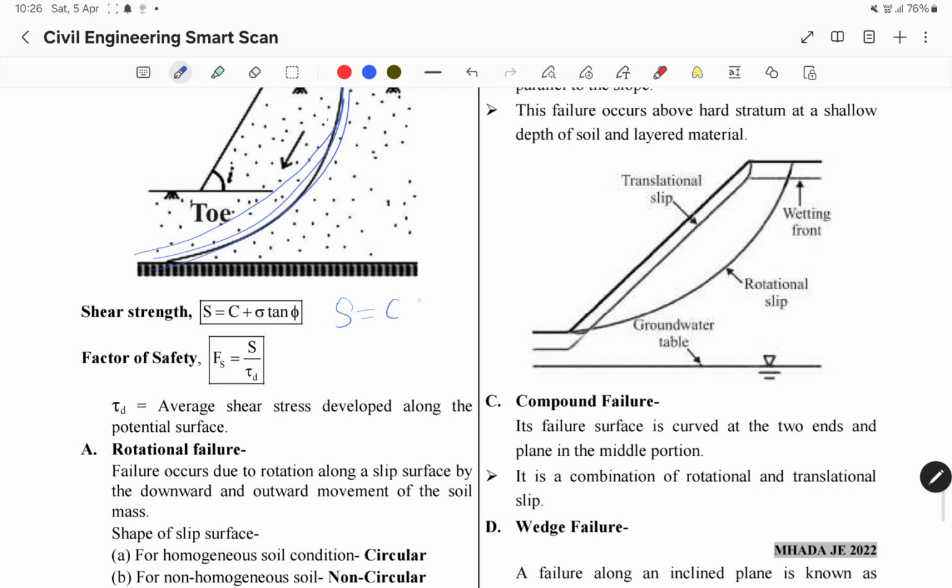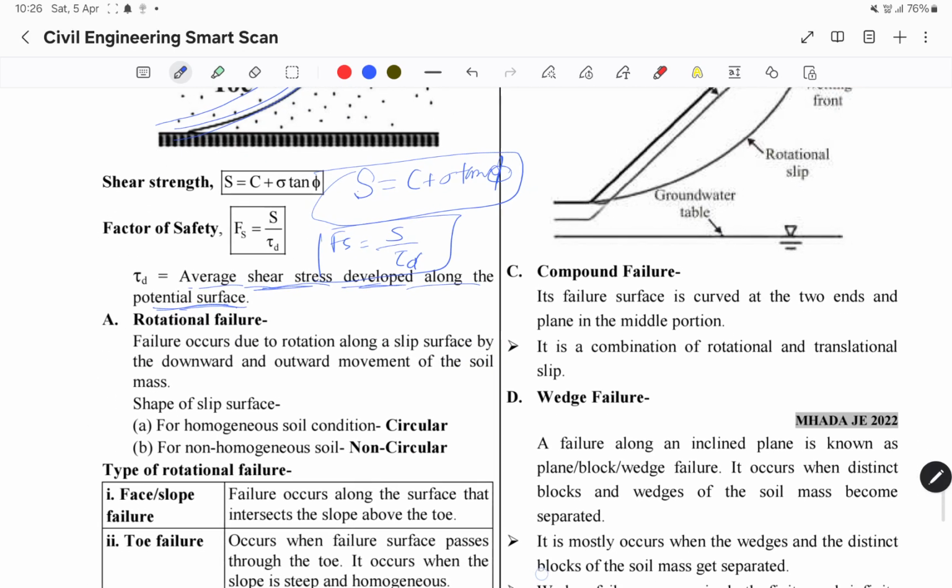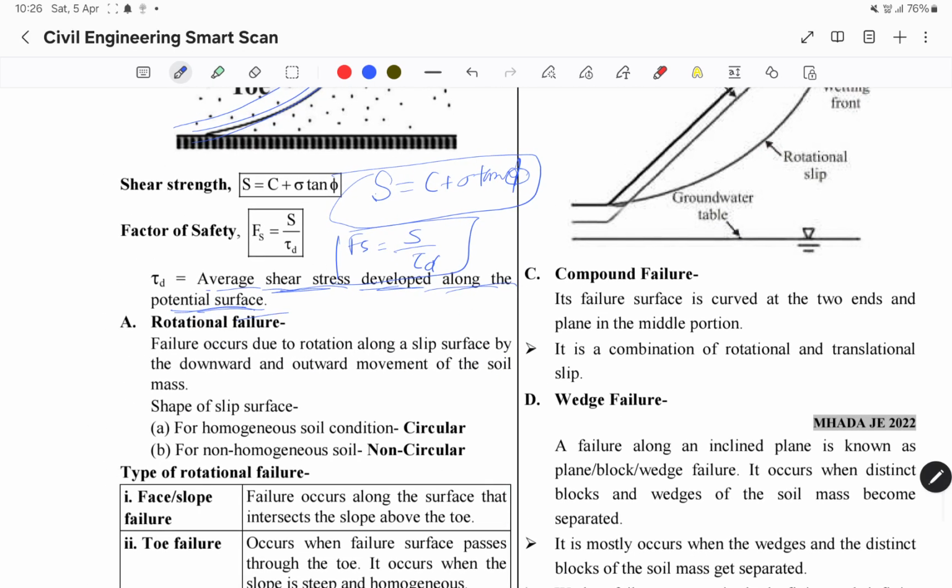Shear strength S is equal to c plus sigma tan phi. Factor of safety Fs is equal to S upon tau d. Tau d is the average shear stress developed along the potential surface.